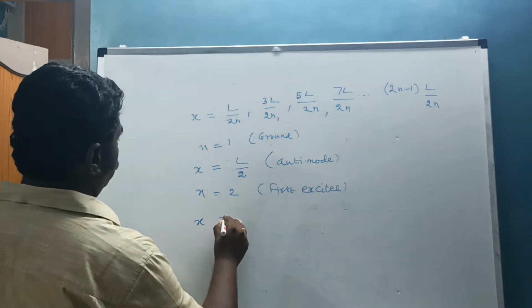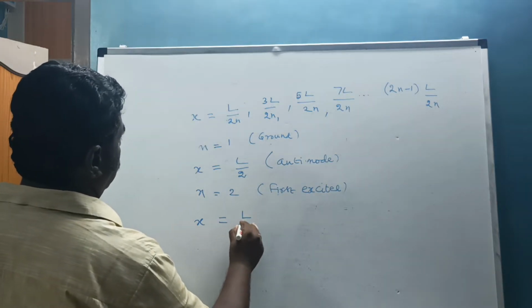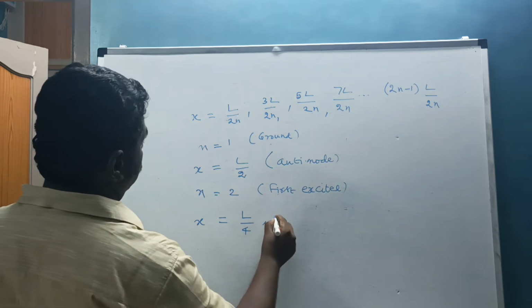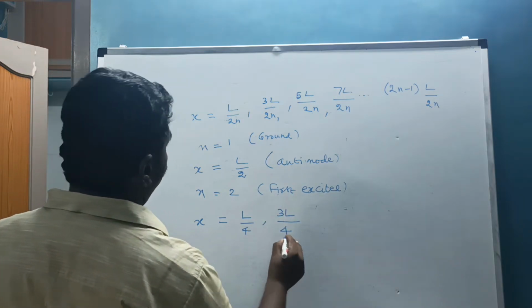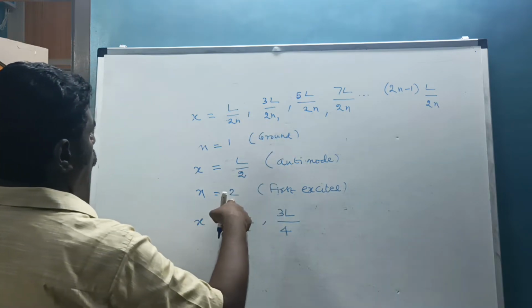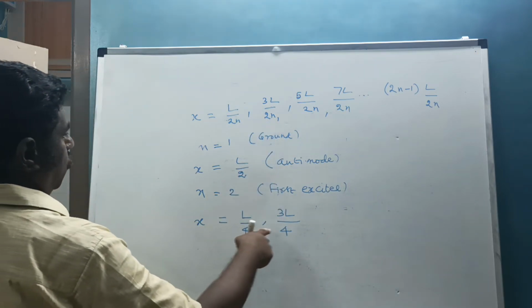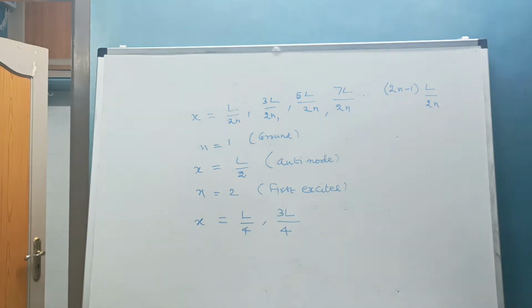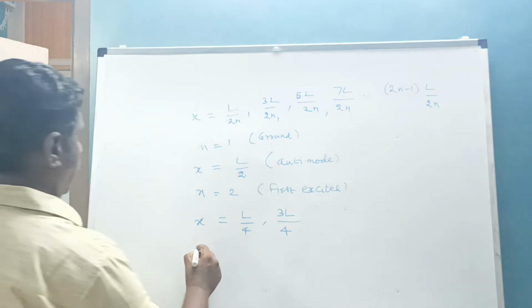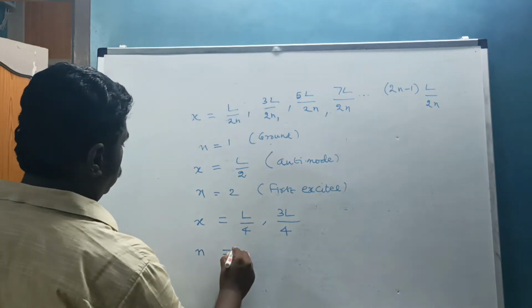One is positioned at L divided by 4 and the second one is present at 3L divided by 4. See that n equal to 2, so that L by 4, 3L by 4, we can have two antinodes. Suppose n is equal to 3.